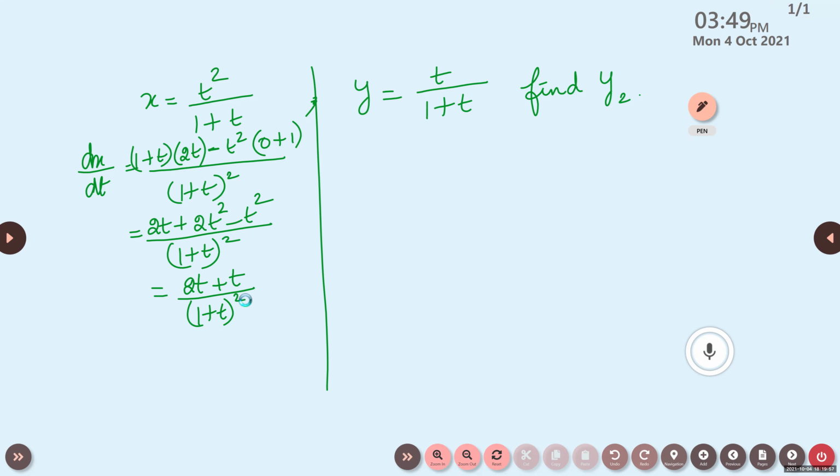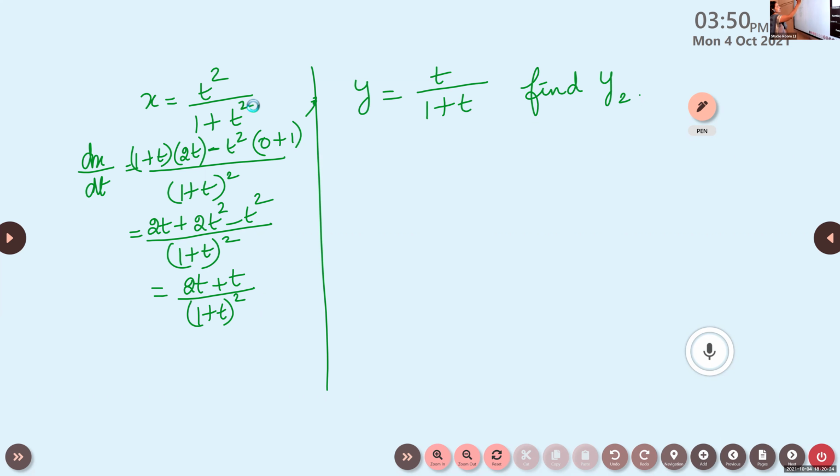Ma'am, I got a different answer. I got 2t plus t square by 1 plus t the whole square. You forgot to write t square, you wrote just t.